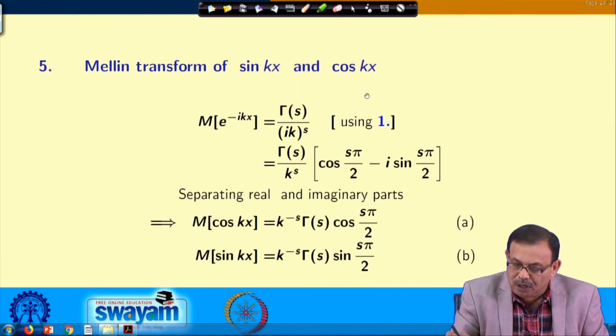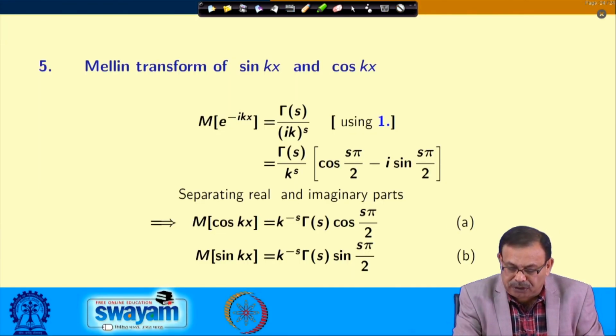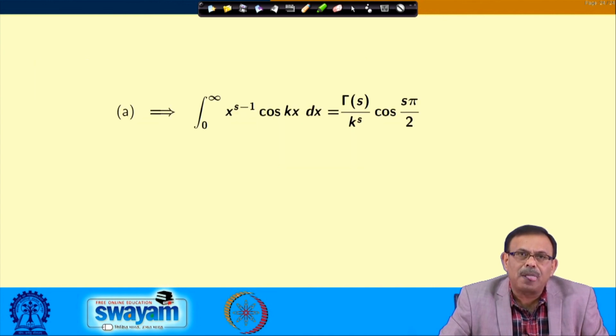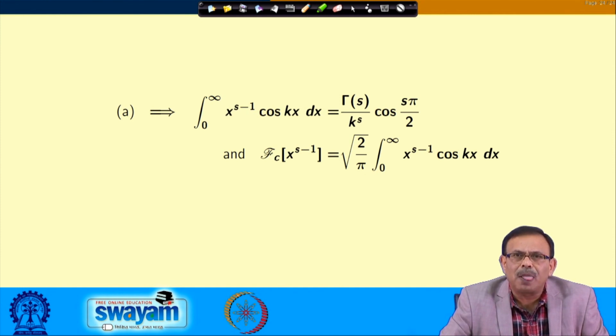So, we have done up to this. We evaluated this by separating the real and imaginary parts, the Mellin transform of cos kx and sin kx. Now, the Mellin transform of cos kx is the integral from 0 to infinity of x to the power s minus 1 cos kx dx, whose value we have evaluated. Now, the Fourier cosine transform of x to the power s minus 1 is nothing but root over 2 by pi, integral from 0 to infinity of x to the power s minus 1 cos kx.